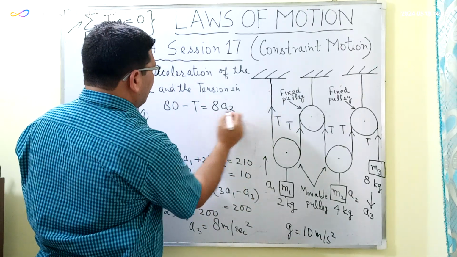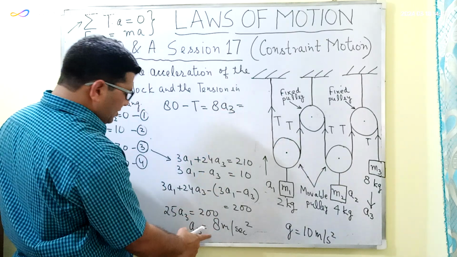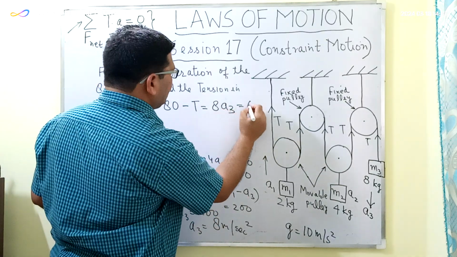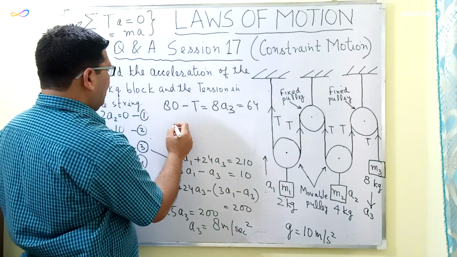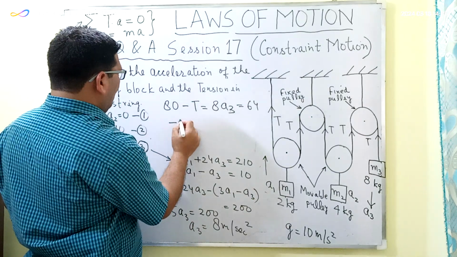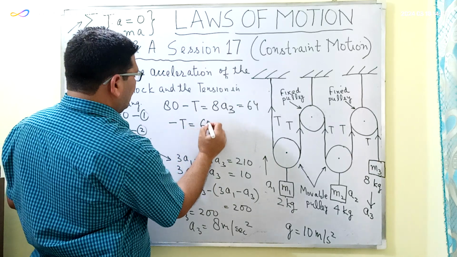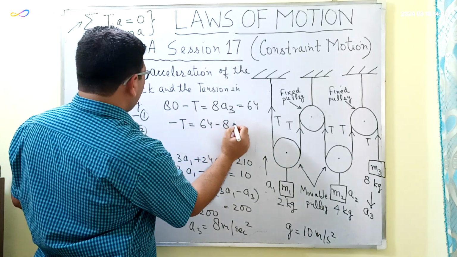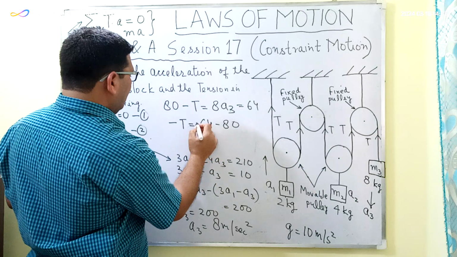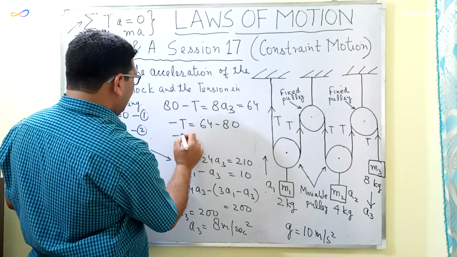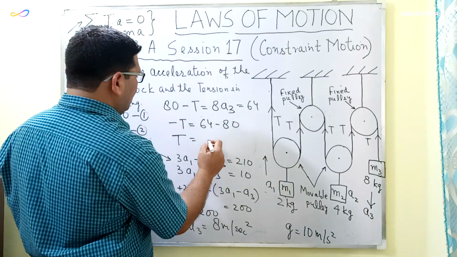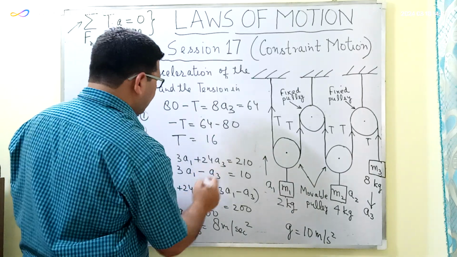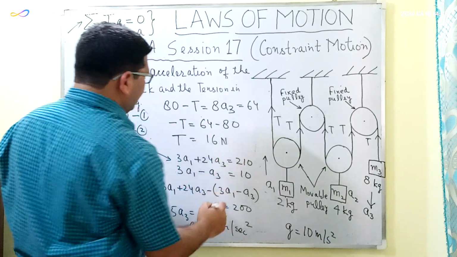A3 is equal to 8 meter per second square, so 8 into 8 is equal to 64. So minus T is equal to 64 minus 80, or you can say the tension in the string T is equal to 16 newtons.